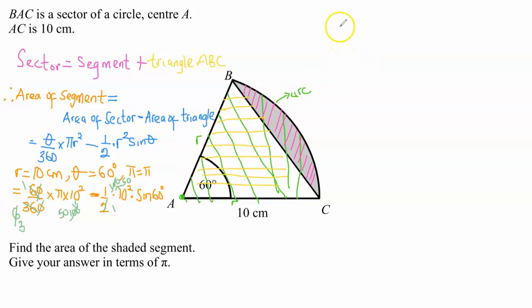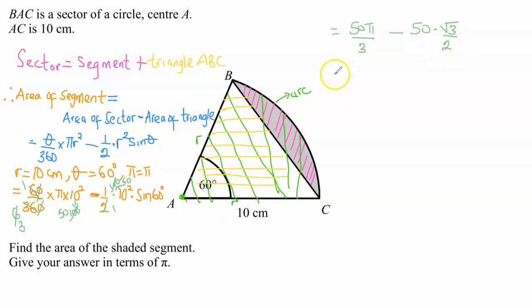So what I have here is 50 pi at the top, then a 3 underneath, minus, now here what I have is 50 sine 60. So this is 50, and we know from our special angles that sine 60 is root 3 over 2. So this is times root 3 over 2.